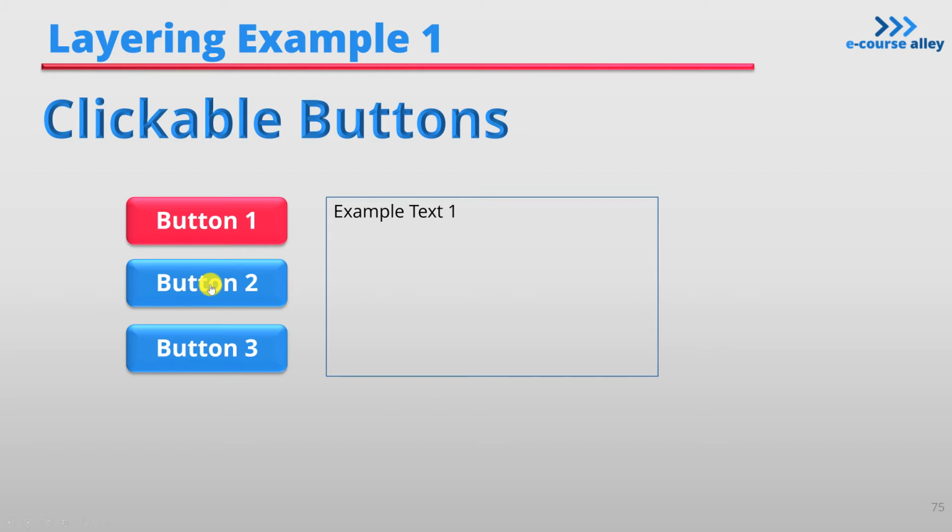Then when I click button 2, it turns red, and as it turns red, button 1 turns back to blue, and text 2 appears, and text 1 disappears. When I click button 3, it turns red, and as it turns red, button 2 turns back to blue, and text 3 appears at the same time as text 2 that was here disappears.